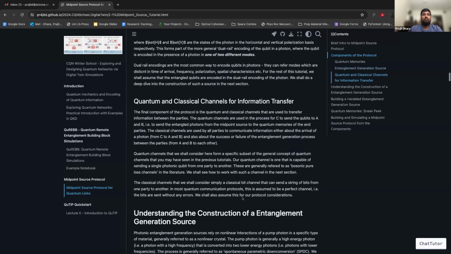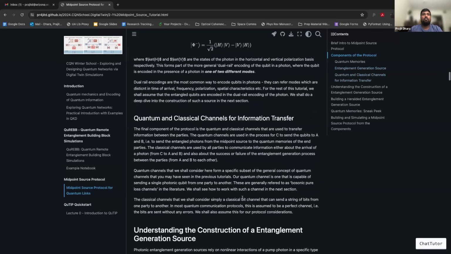The final thing that we often take for granted are quantum and classical channels for information transfer. Specifically, a quantum channel is something that's capable of transferring a qubit. This is a very non-mathematical and non-rigorous definition, but you can simply think of it as some kind of evolution that the qubit goes through, which need not be unitary.